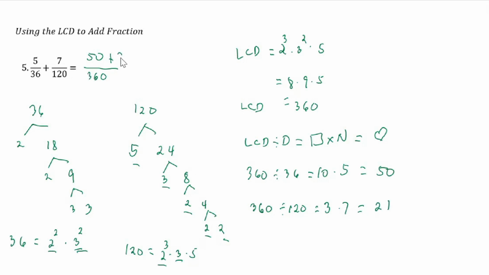So plus 21 here, and then add the numerators. To simplify further, 50 plus 21 is equal to 71 over 360. If the result can be reduced to lowest terms, then you just reduce it. But I guess this cannot be reduced anymore.